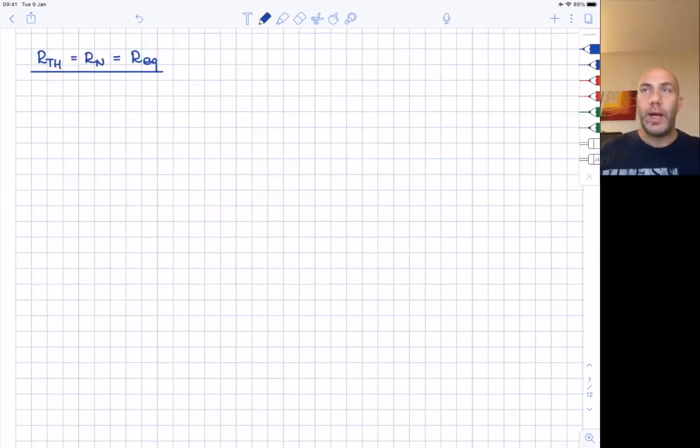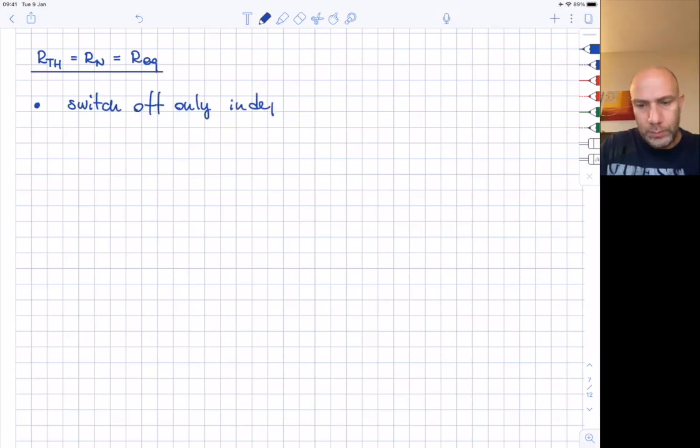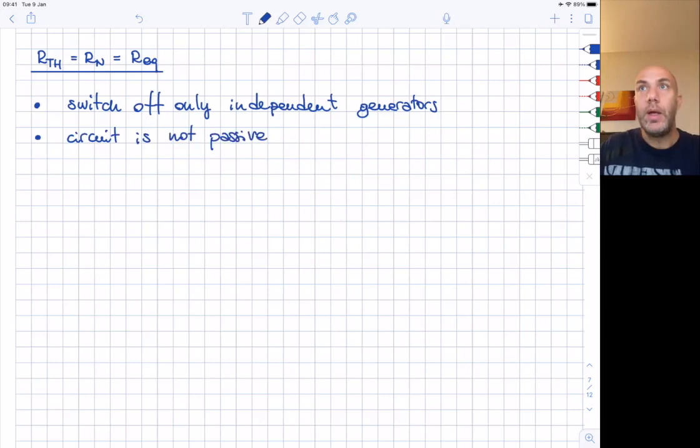The first consideration is that we can only switch off independent generators. By doing so, the circuit is no more passive. So it's not made only by resistors.